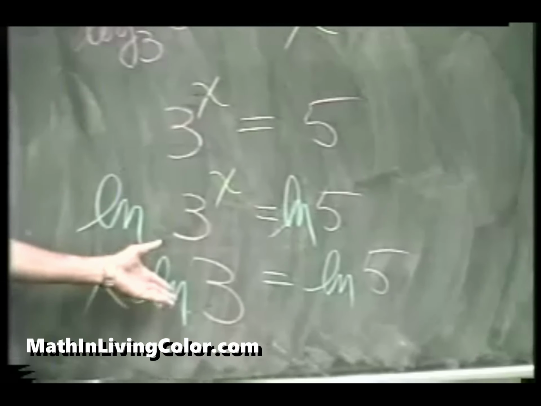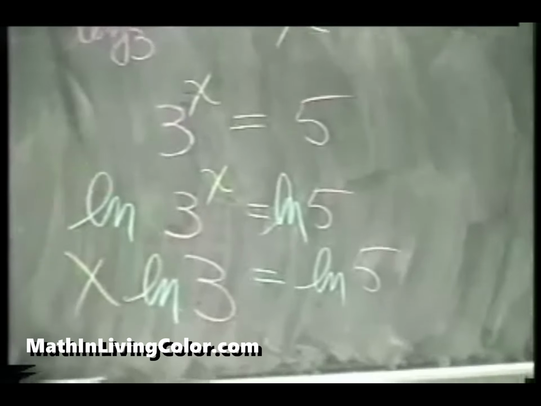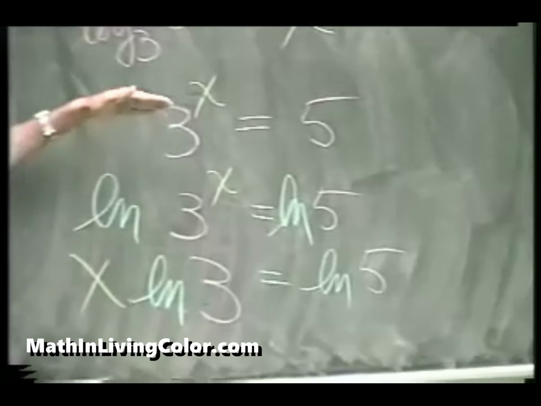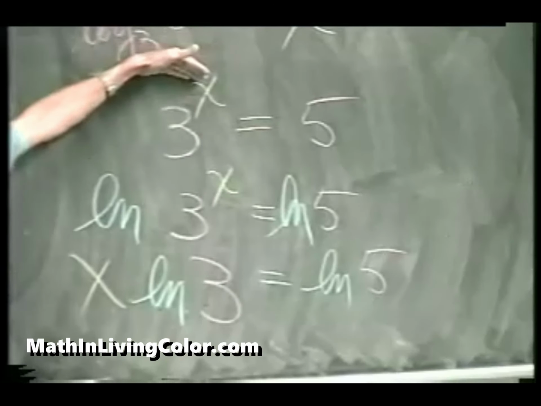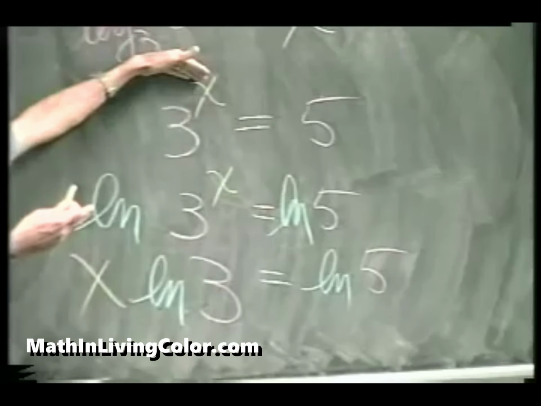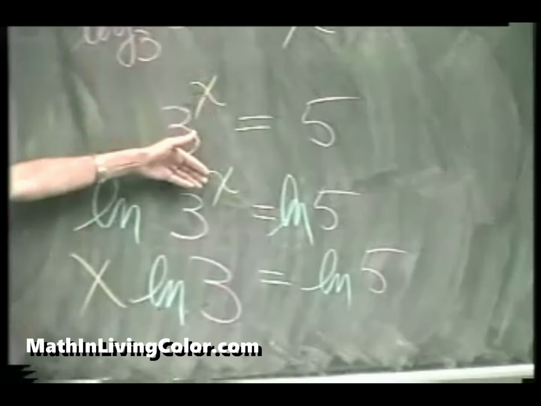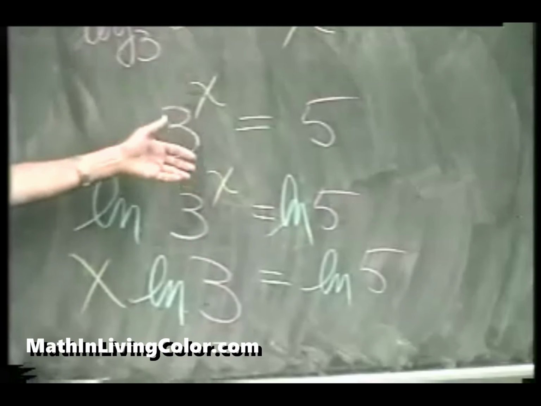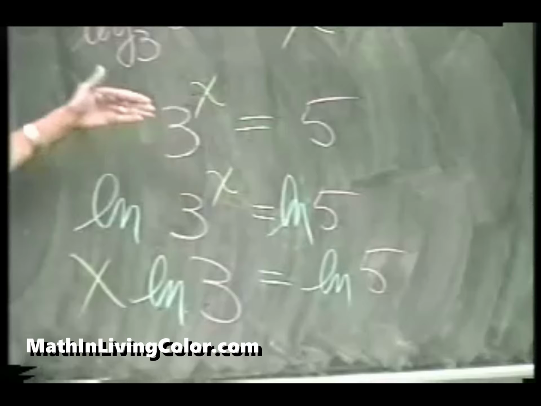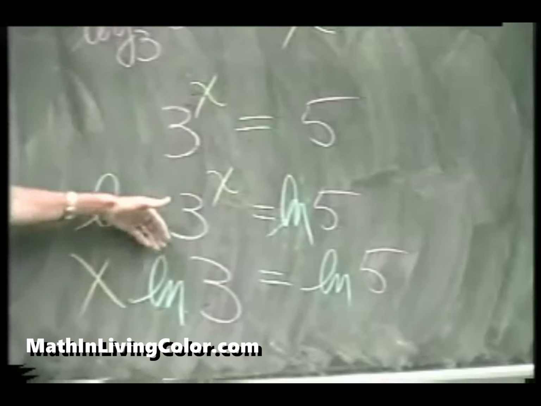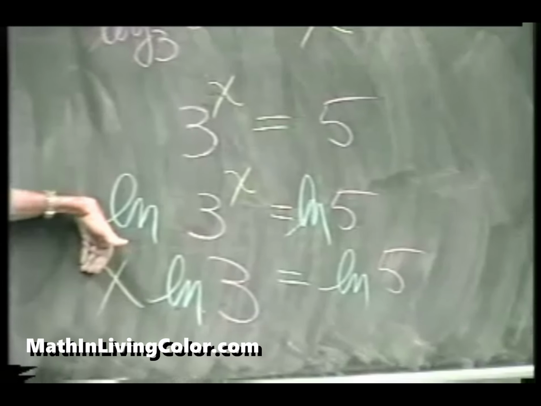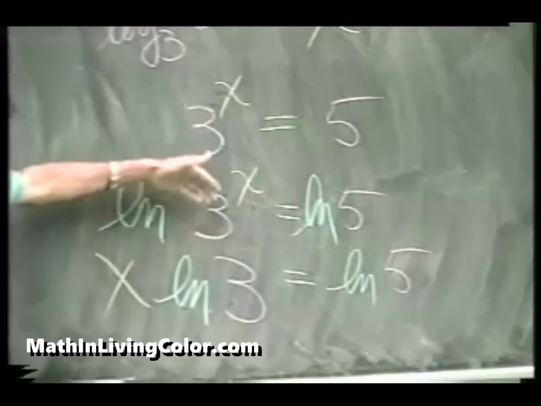It's just a plain old number. Now, the power of logarithms is this. We started with an exponential equation where the variable is in the exponent. And the next thing we know, we use the property of logarithms, the law of logarithms, and it converts it from an exponential equation into an algebraic equation.